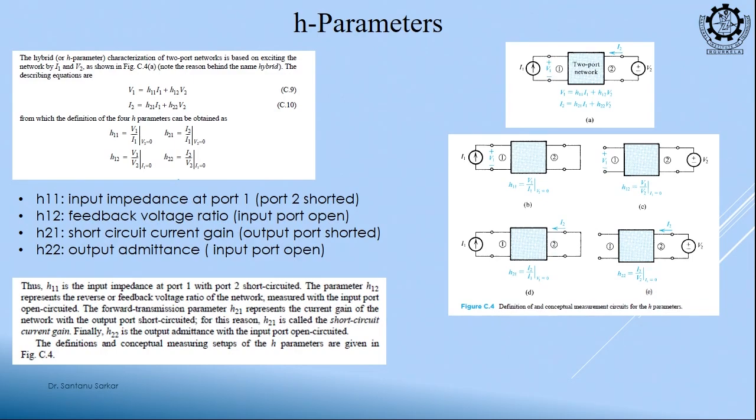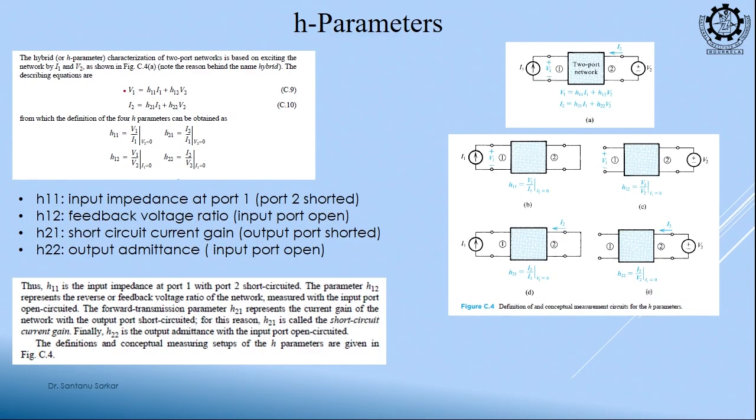Now, the H parameter. H parameter we already did in BJT class, so same thing. There are some meanings. Suppose input voltage we are defining by V1, input current by I1, output voltage by V2 and output current by I2. These parameters are related this way: V1 is equal to H11 I1 plus H12 V2.